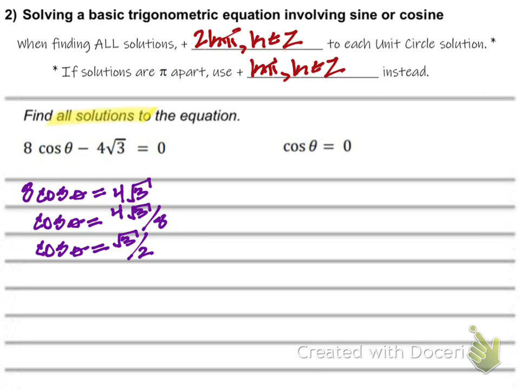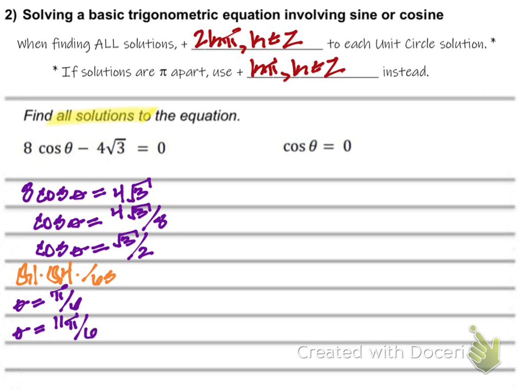Cool so far? All right, so now we've got to go to the unit circle, and cosine is positive in quadrant 1 and quadrant 4, right, on that right-hand side. And the cosine, or the x value, is root 3 over 2 for my family of over 6s. My over 6 in quadrant 1 is pi over 6. And my over 6 in quadrant 4 is 11 pi over 6, right?